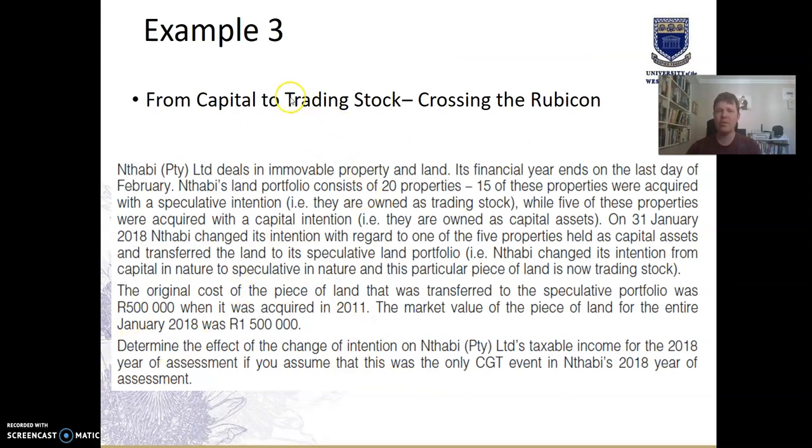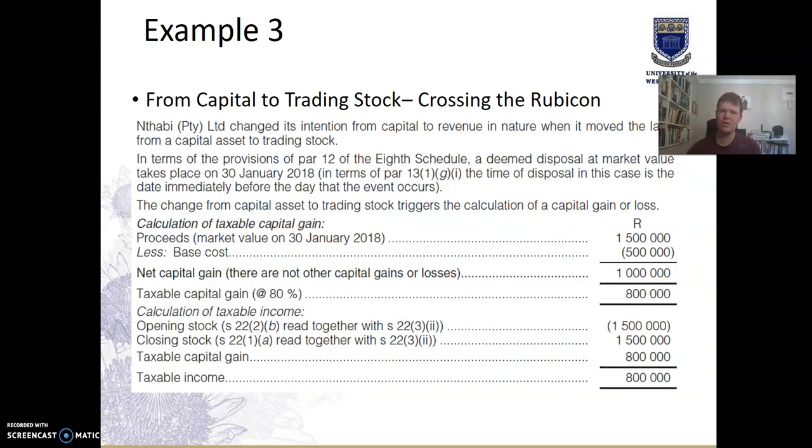A good example of this is given to you in the textbook. In this example, we have a scenario where property changes. If I remember right, in this case it changes from being capital in nature, speculative, to being revenue in nature or trading stock. You're given the dates, you're given the costs. You need to basically now see what happens when something switches from capital to trading stock.